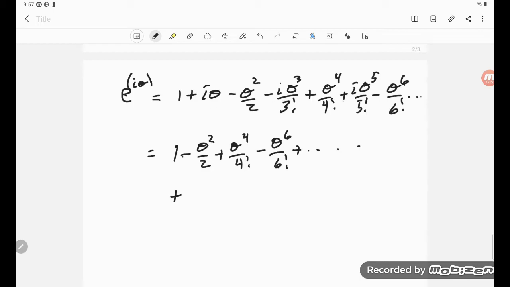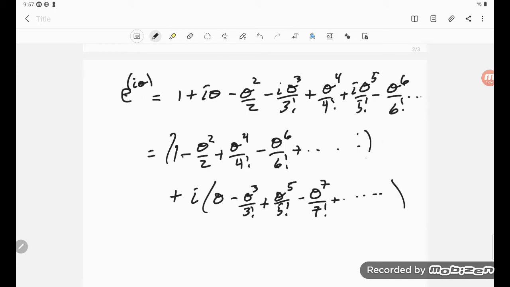now the odd terms all have an i in front of them, so I'm going to factor out the i, and I get theta, then minus theta cubed over 3 factorial, and then plus theta to the fifth over 5 factorial, then it'll be minus theta to the seventh over 7 factorial, and plus dot, dot, dot, like that.